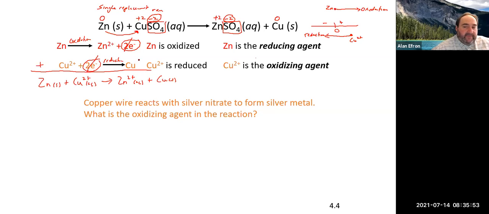And again, if we went through our original equation, much like what we talked about yesterday, and we write our total ionic equation, we would have our zinc plus our copper 2, which would break apart, plus our sulfate, just to show you about the sulfate. Going to the other side, our zinc sulfate would break apart.